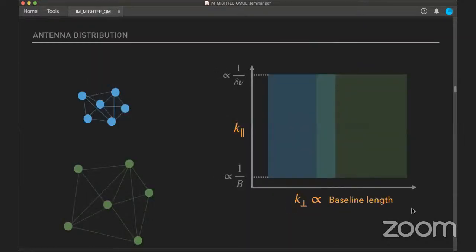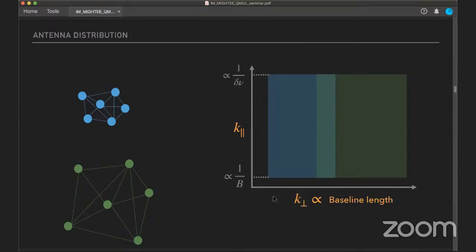Given an interferometer, there is an interesting question: what are the k-space modes that we are going to probe with it? Let's say we have an interferometer where the antennas are very closely spaced, so you have lots of short baselines. And there is another antenna configuration where the antennas are distributed far away, and the baselines are very large.